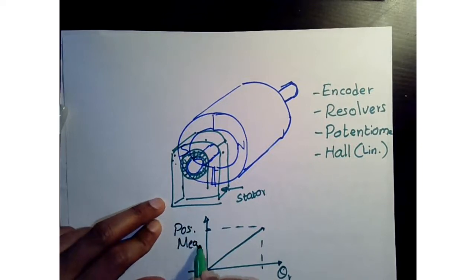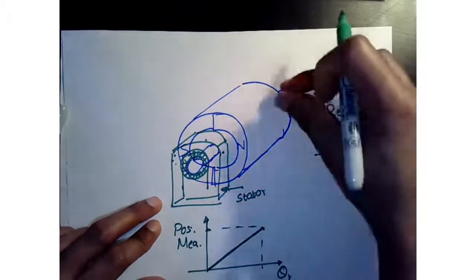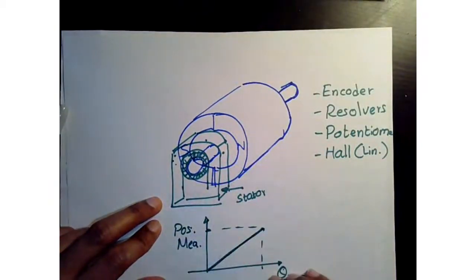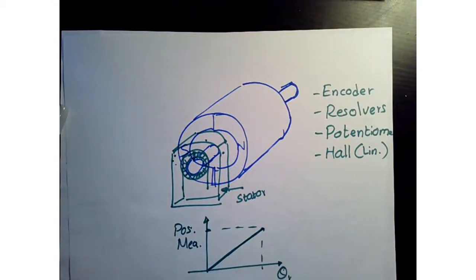It's going to be a linear variation as rotor position changes. As the rotor rotates, you're going to see this increase or decrease depending on the direction you are going.